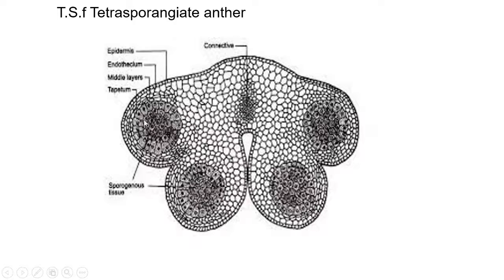And within the tapetum, these are called sporogenous cells or microspore mother cells or pollen mother cells. Tetra means four. Four sporangia are present in the lobes. That means it is called tetrasporangiate anther. At the time of practical examination, you have to observe and show the characteristic features of epidermis, endothecium, middle layer, tapetum, and archesporial mother cells. And this is the connective.